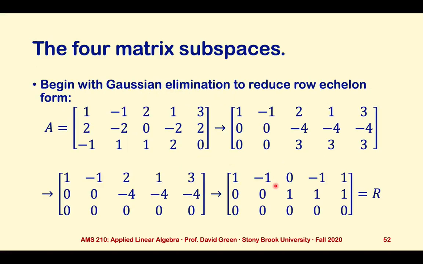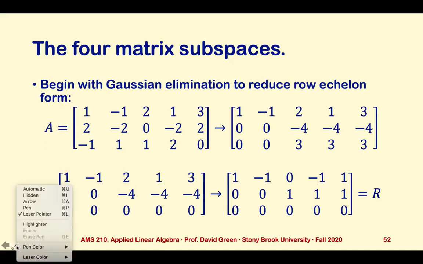We begin this process anytime we're interested in understanding the structure of the matrix subspaces, their bases, their dimension, and so on. Always begin with Gaussian elimination, at least to echelon form, and there are benefits to going all the way to reduced row echelon form.